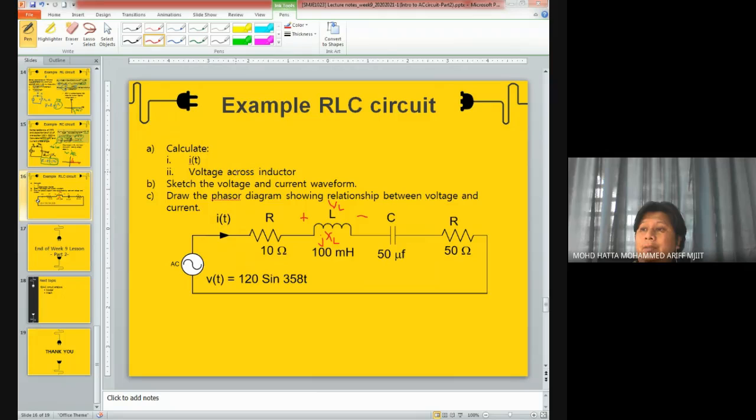All right, before we get into the solution, please remember that we have three main components over here. We have resistor, inductor, and capacitor.